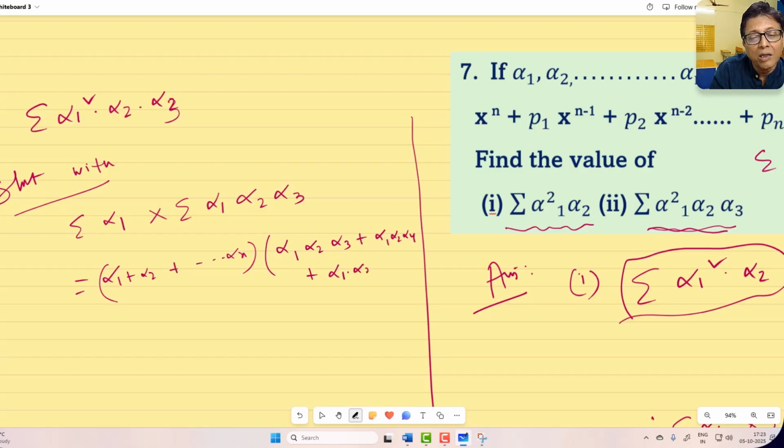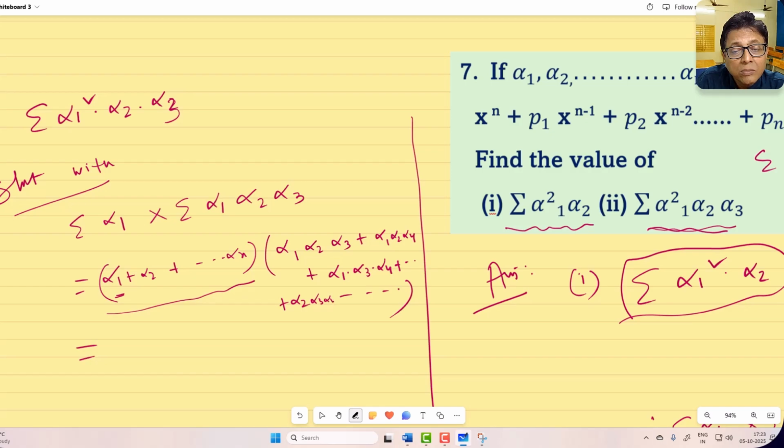Alpha 1, alpha 3, alpha 4, plus this one. Cannot write all. But once you do this expansion, you can see that alpha 1 multiplied with this will give you a product of 4 terms.